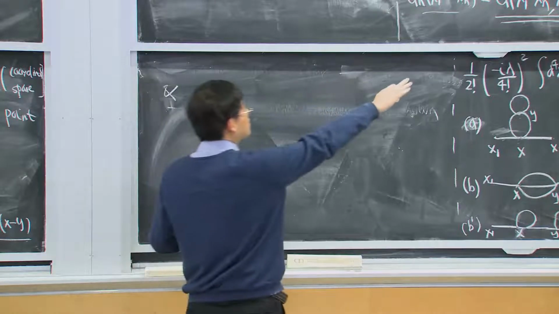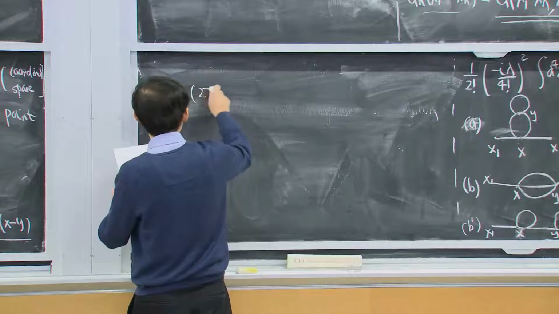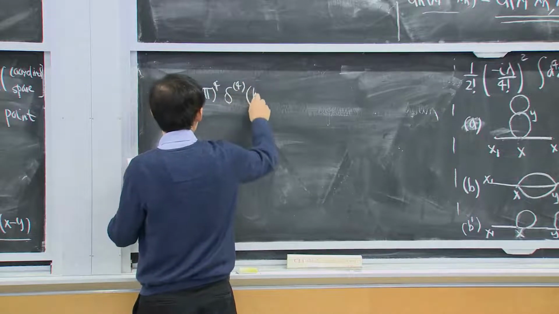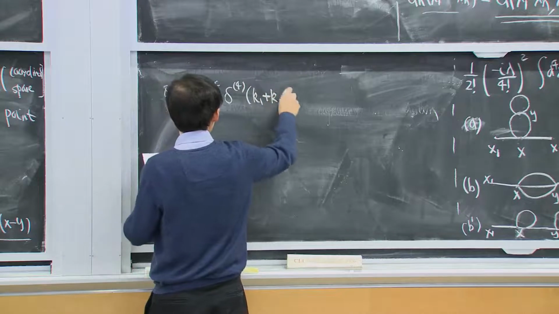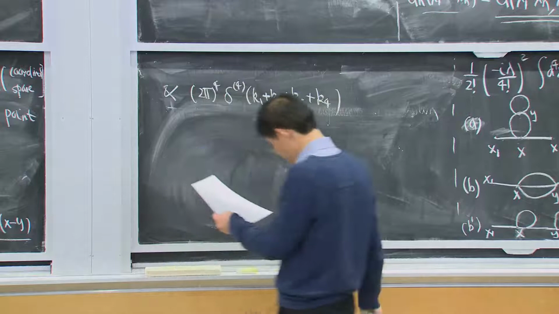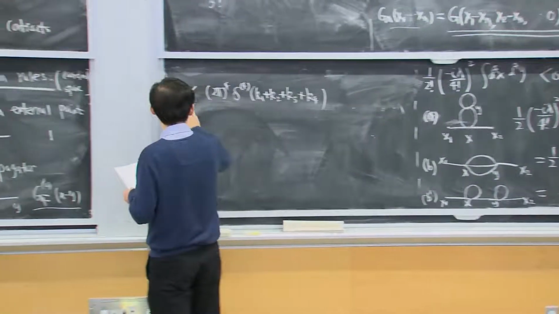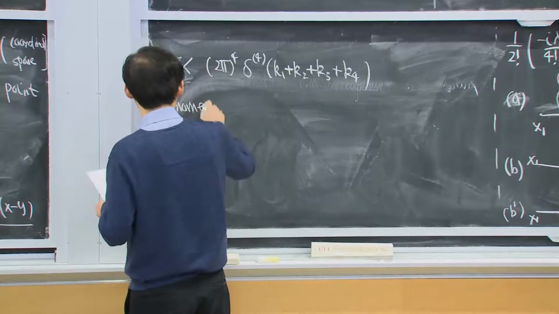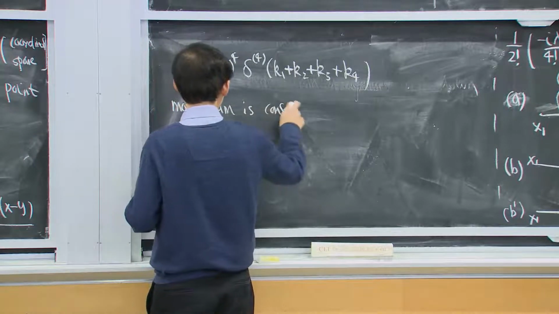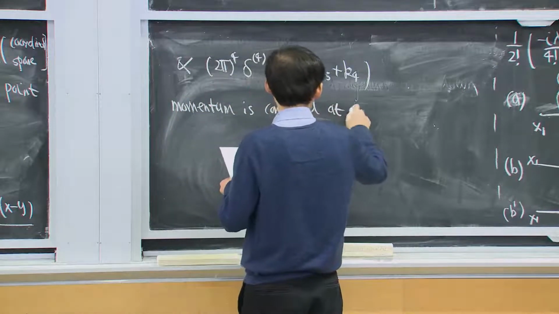So when you go to momentum space, you find that this should always be proportional to the delta function. That means momentum is conserved at each vertex.